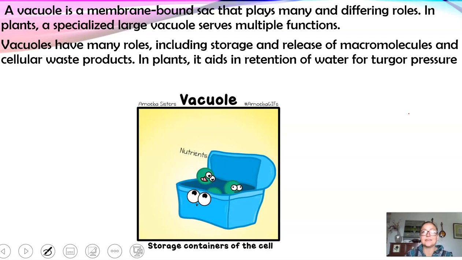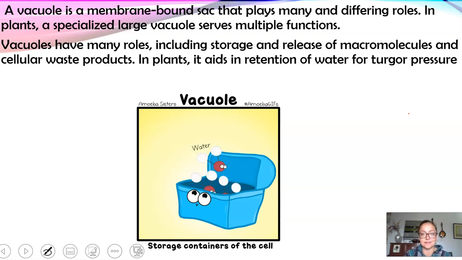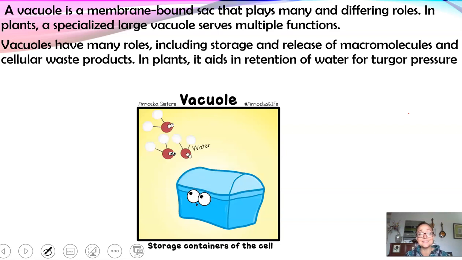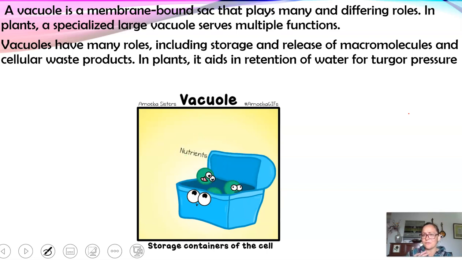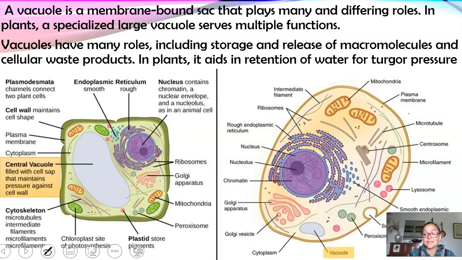And in plants that undergo a specialized form of photosynthesis, like C4 plants, I think it's CAM plants, CAM plants can use that vacuole to store organic acids that they can use for the Calvin cycle. They've evolved a specialized way. So anyway, the vacuoles are important for storage and releasing of macromolecules.